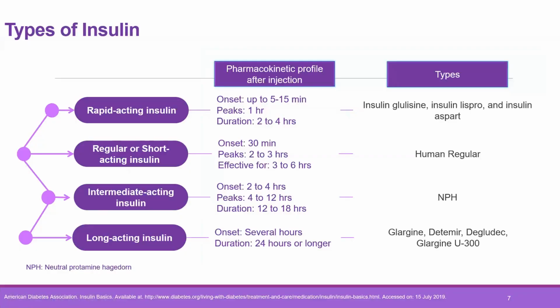Now, if we look into the different types of insulin, as I have already discussed, we mostly use regular insulin or short-acting insulin. It is the earliest insulin which has been discovered. As the name signifies, it is a regular insulin or the natural insulin, and it is short-acting. Its onset of action, as I've told you, is roughly around 30 minutes, its peak is at 2 to 3 hours, and it has a short duration of action, 3 to 6 hours.